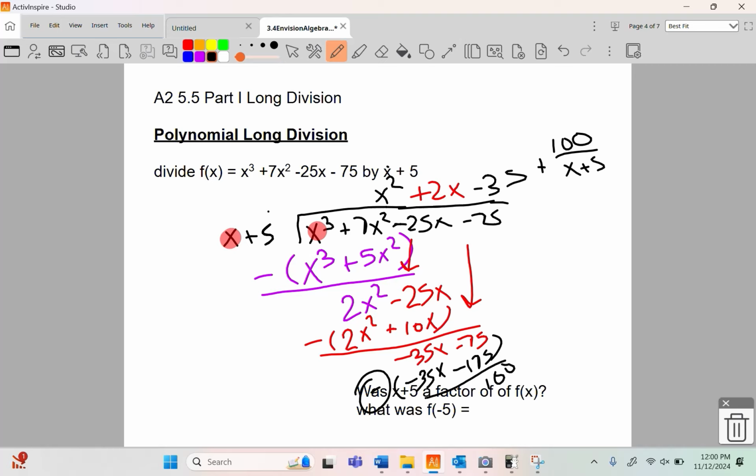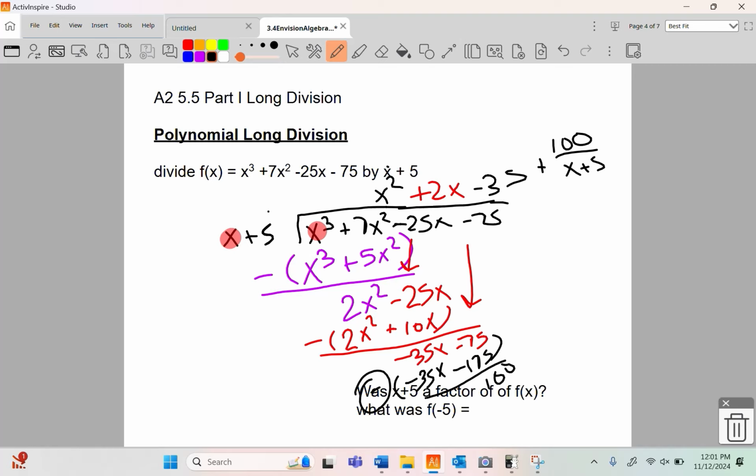Was x plus 5 a factor of the original polynomial? I got a head nod and yes. I got a head nod and no. Why is 2 a factor of 8? Yeah, that's not the reason. What is 8 divided by 2?